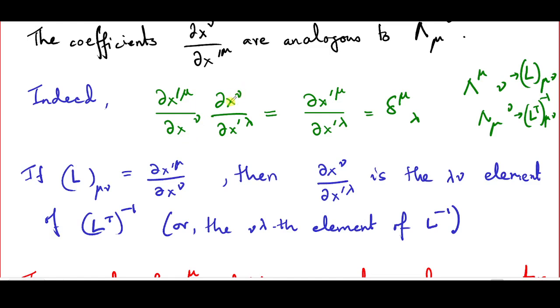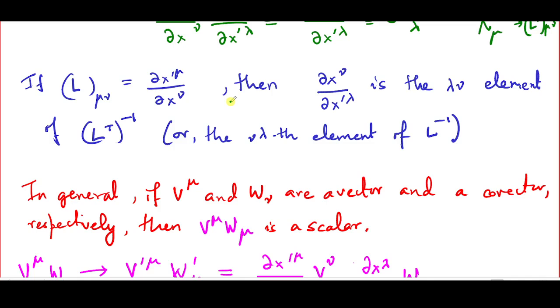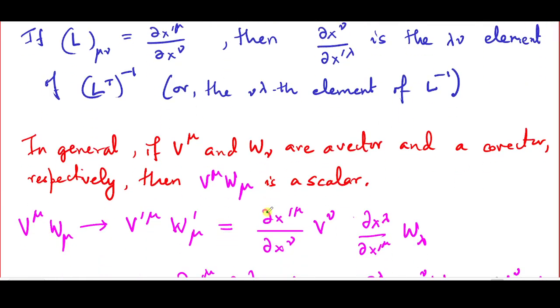The partial derivatives automatically obey this condition, and therefore the moment you take a vector and a covector and make one act on the other and form the entry like V^μ W_μ, that is V^1 W_1 plus V^2 W_2 all the way up to V^d W_d, then this thing has to be a scalar.